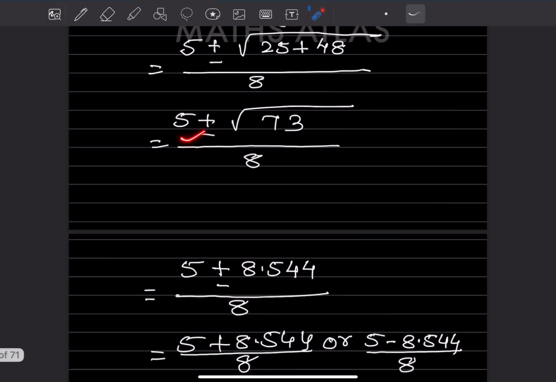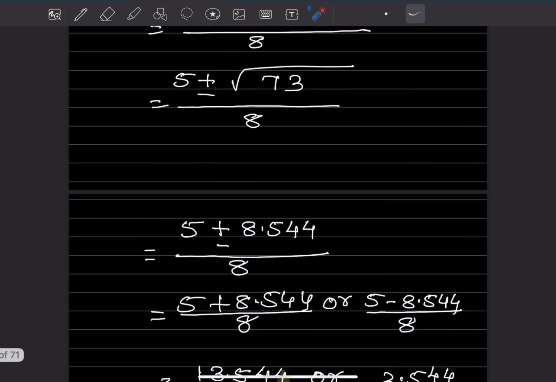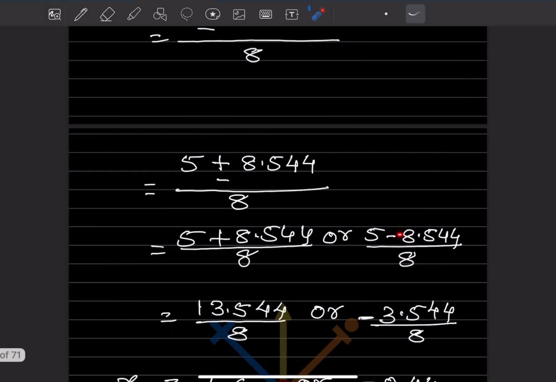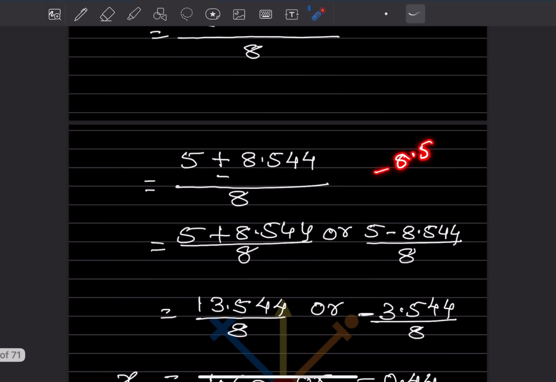So the rest is all the same. Once you take plus, that will be divided by 8, and then the other one you are going to take minus, 5 minus this one, divided by 8. So you add this, that will be 13.544 divided by 8, and this will be 5 minus 8.544, that will be minus 3.544 divided by 8.